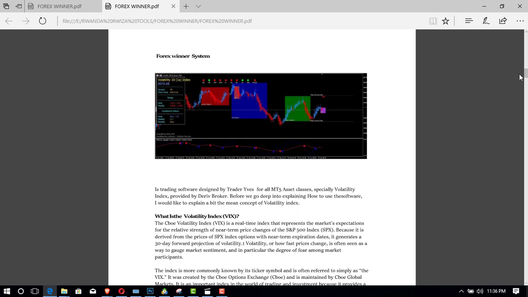Before we go deeper into explaining how to use the software, I would like to explain a bit the concept of the volatility index.